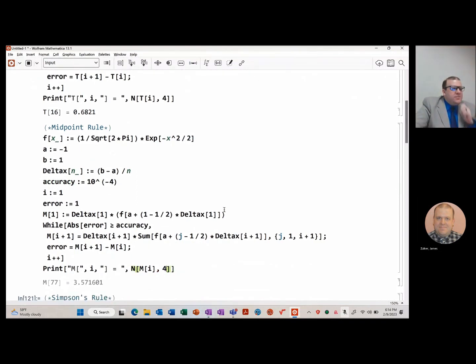Again, 4. All right, midpoint. Ours 13, get 0.6832.